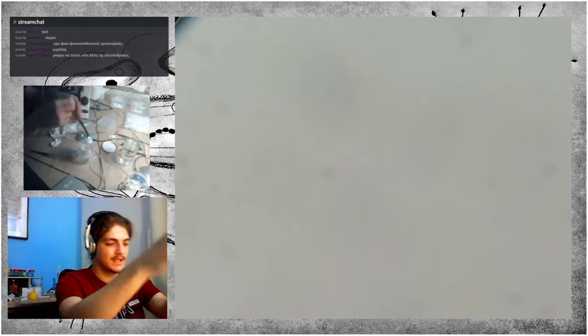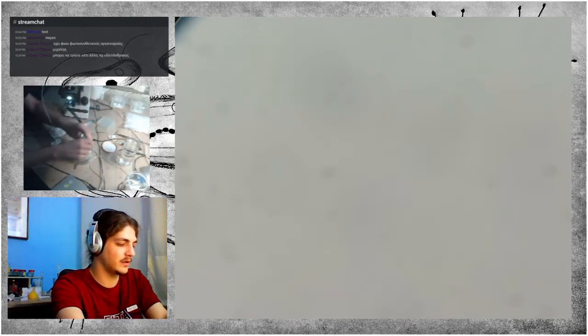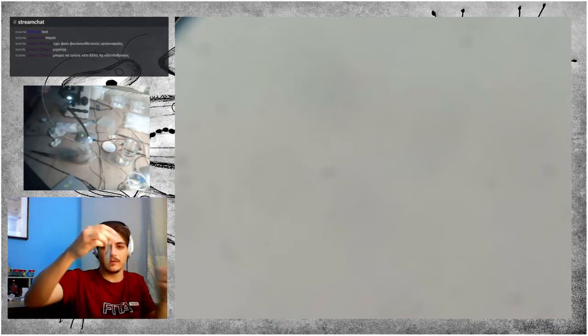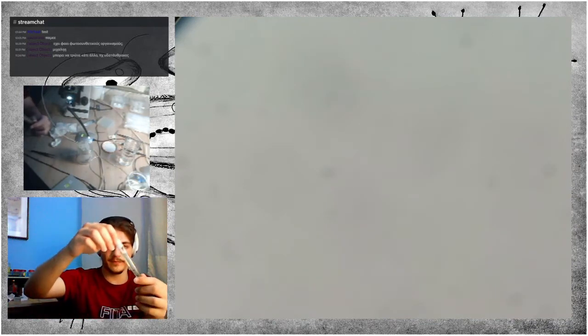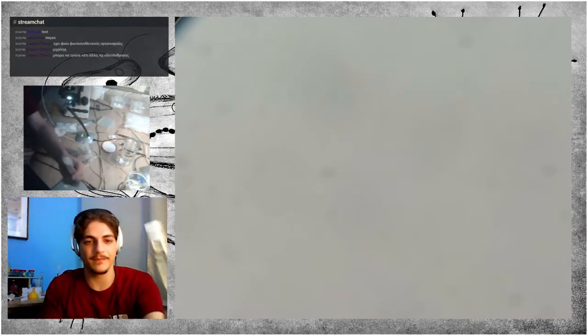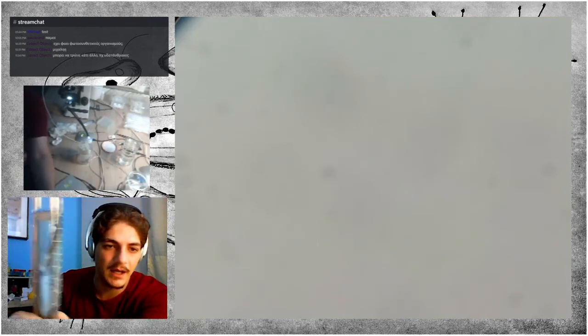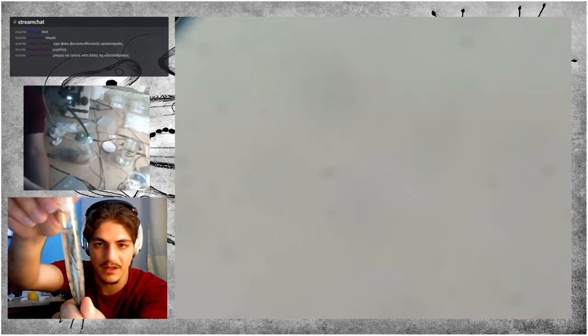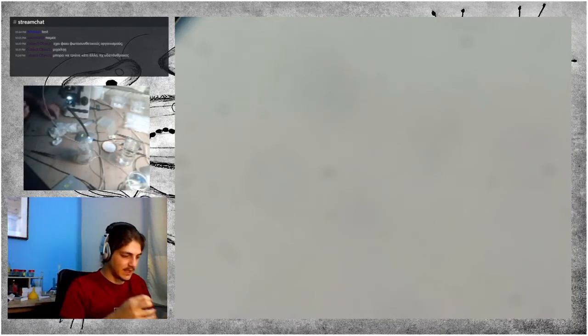I have this vial which I would like to put under the microscope. It has some algae in it. Come on, focus here. Let me... okay.